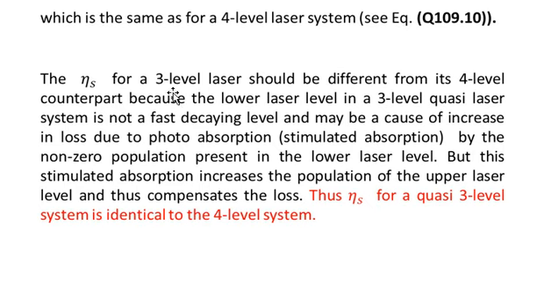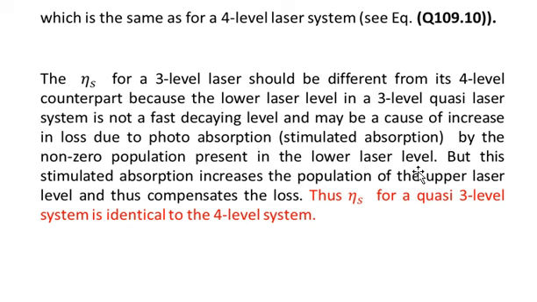The eta S for a 3-level laser might be expected to differ from its 4-level counterpart, because the lower laser level in a quasi 3-level laser system is not a fast decaying level and may cause an increase in loss due to photon absorption by stimulated absorption by the non-zero population present in the lower laser level.